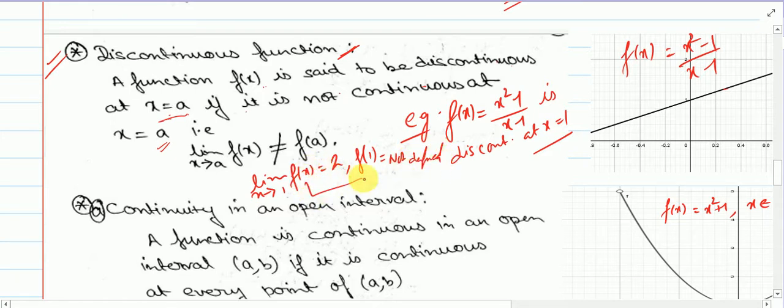So these two are not equal. Please write down that.